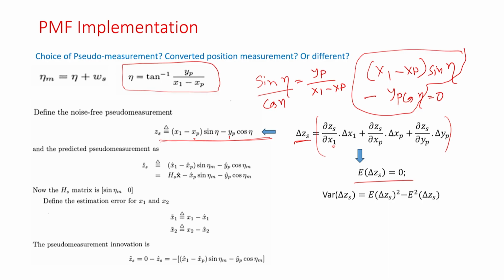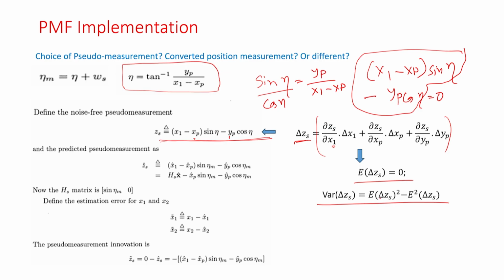The average value is 0, and the variance is the expectation of zs squared. It is simple algebra. The partial derivatives are lengthy, but you can easily calculate them, because eta is also a function of tan inverse of yp divided by x1 minus xp. Taking your expectation, the first order moment is 0.